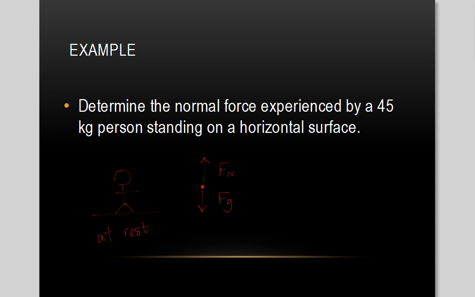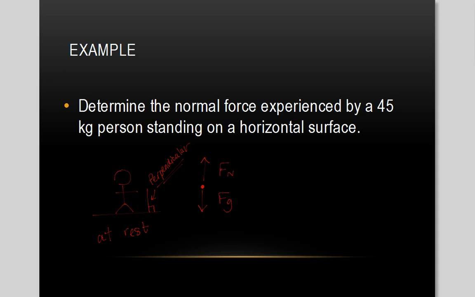Force normal. Force normal is always perpendicular to the surface. Always. Force normal is always perpendicular to the surface. Where this gets nasty is if you're standing on a ramp, because then you're not exactly vertical.